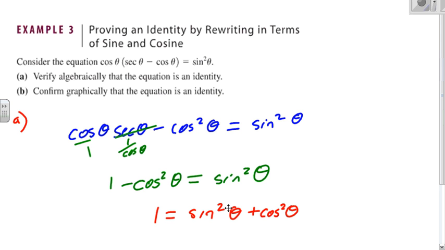That's the Pythagorean identity. So we're actually done right here at this step. This filled in box is common notation, just showing that you're done showing what it was you were asked to do. You just look at the left side. We get 1 minus cosine squared, which is sine squared, so we are done.